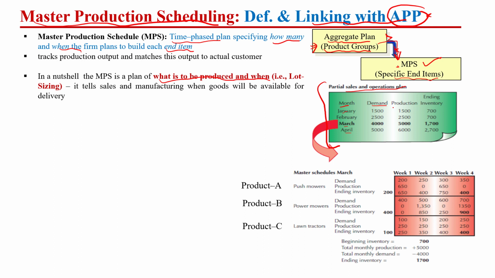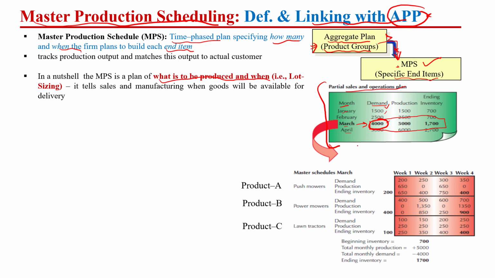In the month of January we said demand is this, and likewise February, March, and April. The production we have planned is this one, and the ending inventory we have planned at the end of that particular month is this one. Now let's take the example where we are going to disaggregate the month of March demand, which is the 4,000.